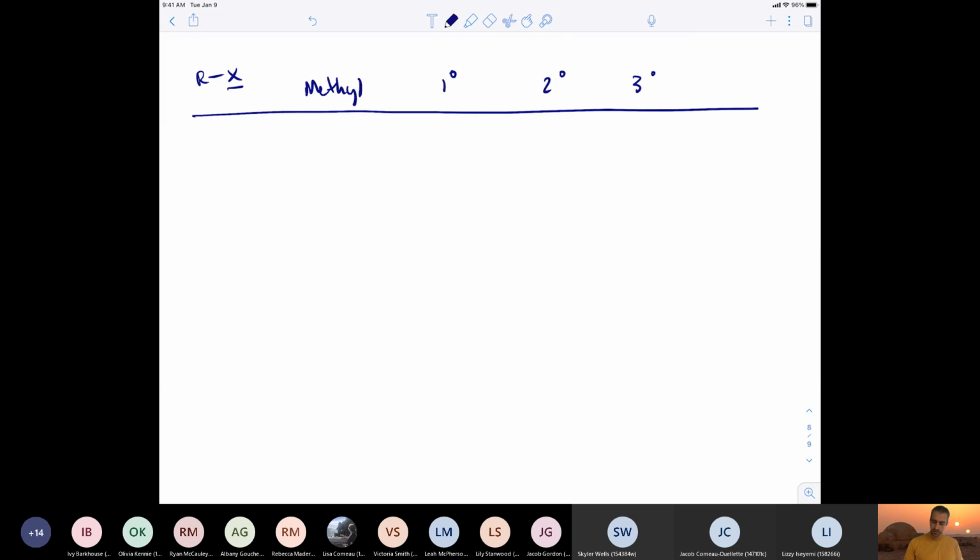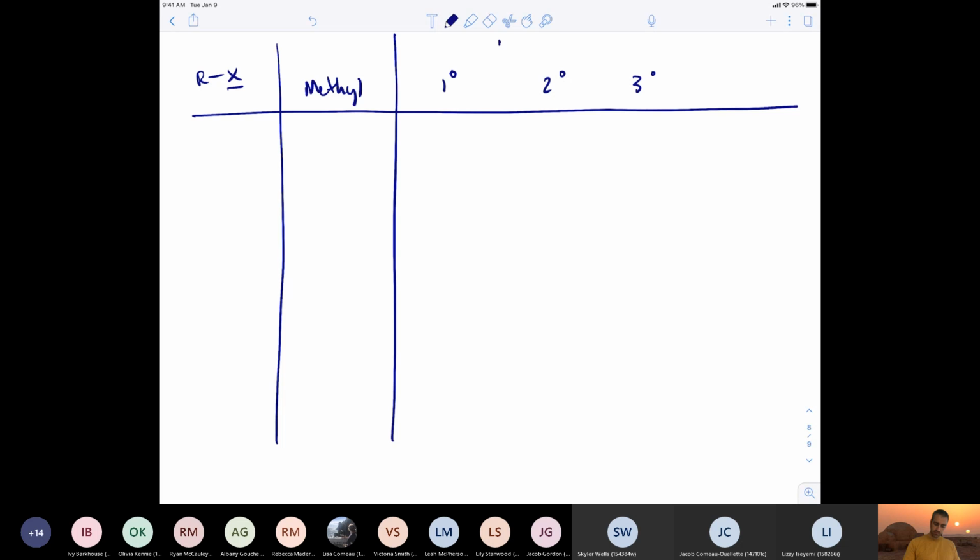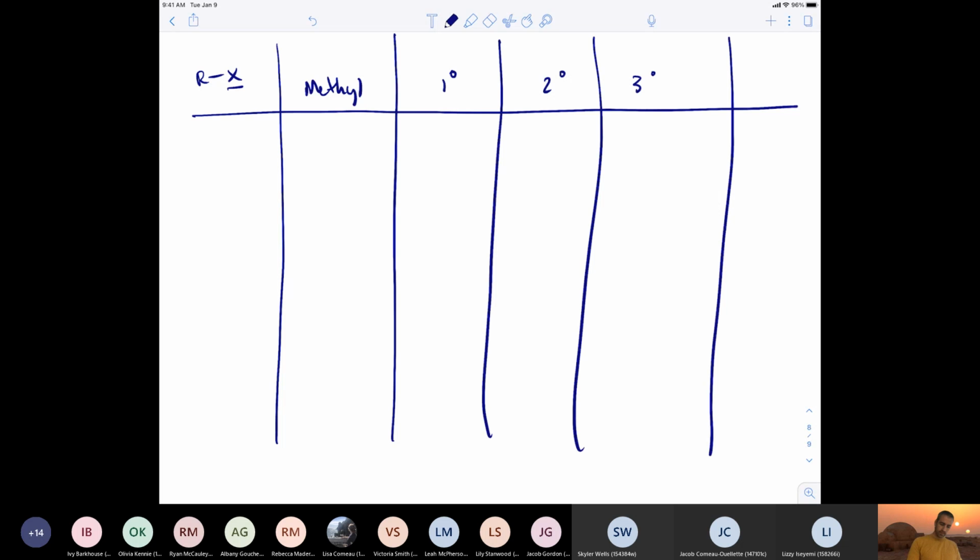So let's make a little table. So this is going to be the identity of our nucleophile base down in this column. So our nucleophile base, first of all, this is going to be our options.